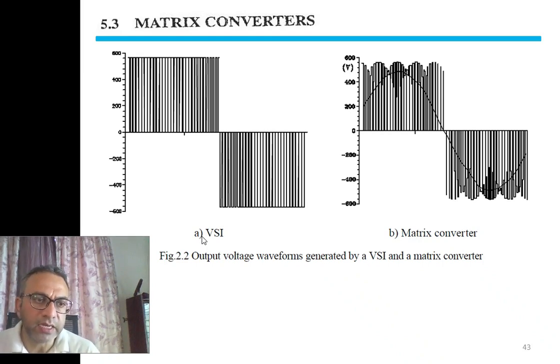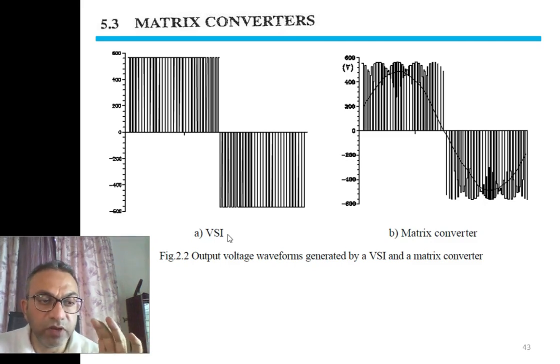Keep in mind that in AC to DC to AC conversion, we are using 6 diodes and a capacitor, and hence we get a very sharp PWM signal. This voltage, part A, is the output voltage waveform of the voltage source inverter, the traditional inverter, which is very neat and clean because we are using 6 diodes and a capacitor. The capacitor will maintain the voltage.